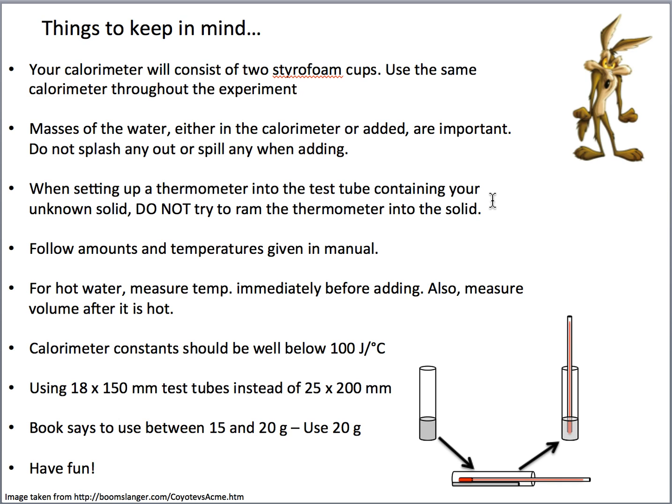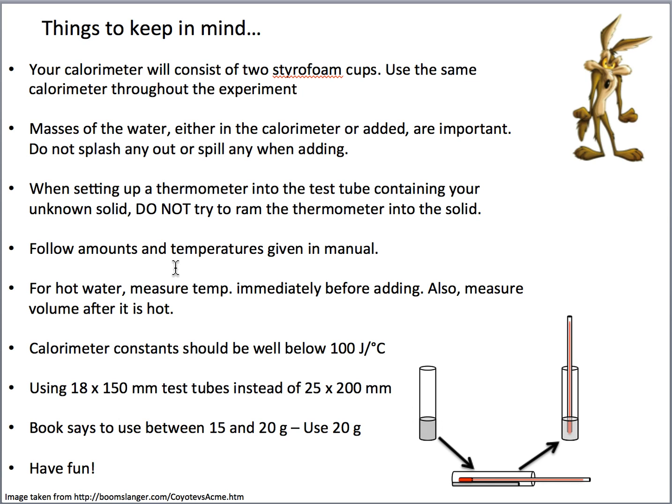Or we can do this method illustrated here, where if you have your metal in your test tube and you turn the test tube on its side, the metal will coat the side. You'll be able to easily insert the thermometer exactly where you want it, and then when you turn it upright, the metal will fill in around the thermometer, and you'll have a perfectly centered, perfectly adjusted thermometer without breaking it. So make sure you use this method when putting your thermometer into your metal solid.